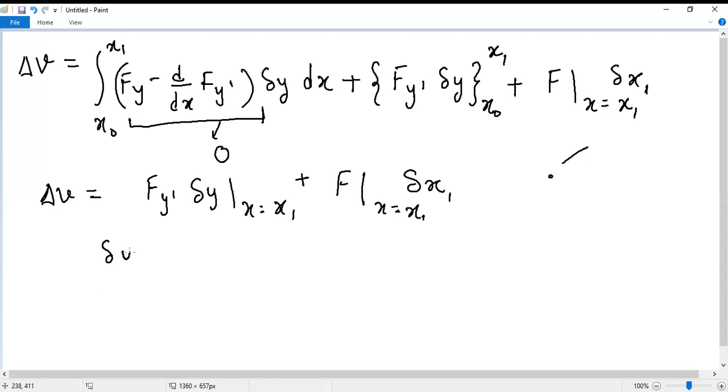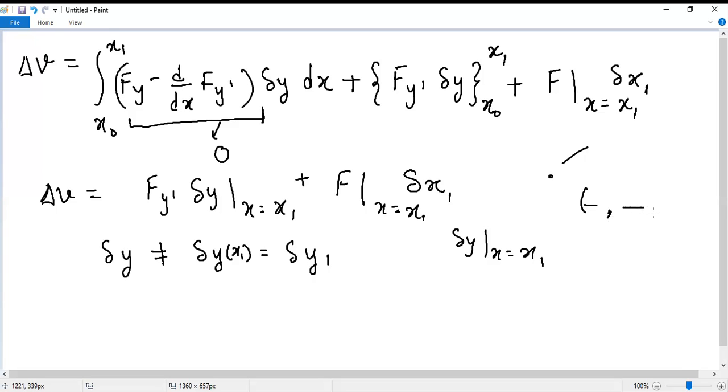Now see here, this delta y at the point x equal to x1 is actually not equal to delta y1. By this term, delta of y at x equal to x1, it is the increment of the ordinate. Ordinate means we have 2 coordinates, so this second one is called the ordinate.